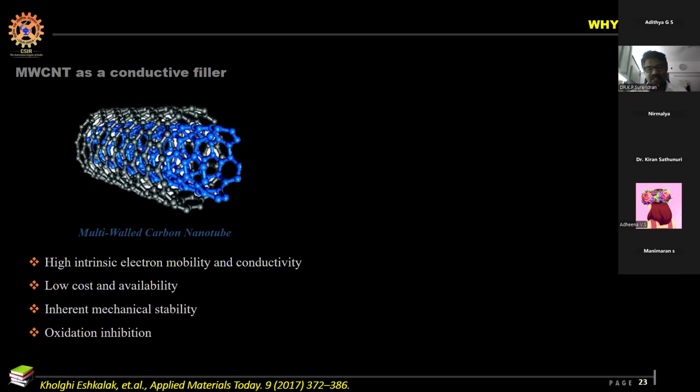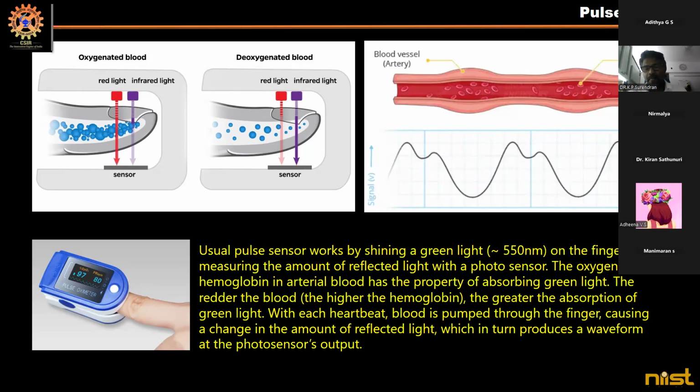This kind of sensor was very popular at that time. The oxygenated hemoglobin in your blood has a property of absorbing green light. The redder the blood, the greater the absorption of green light. With each heartbeat, blood is pumped through your finger, causing a change in the amount of reflected light, which in turn produces a waveform.